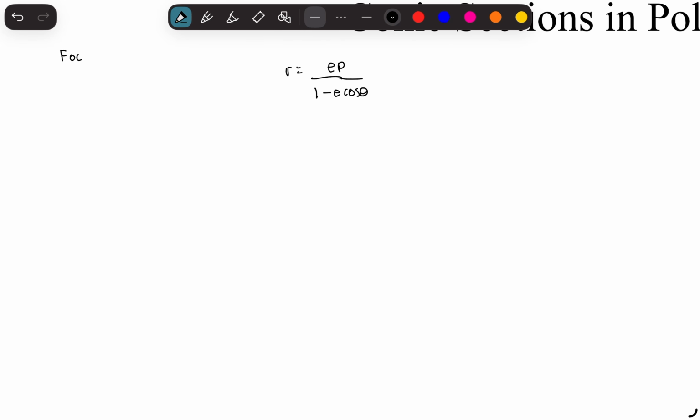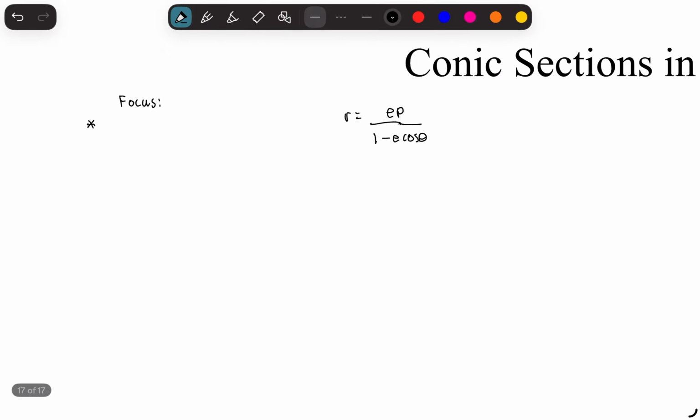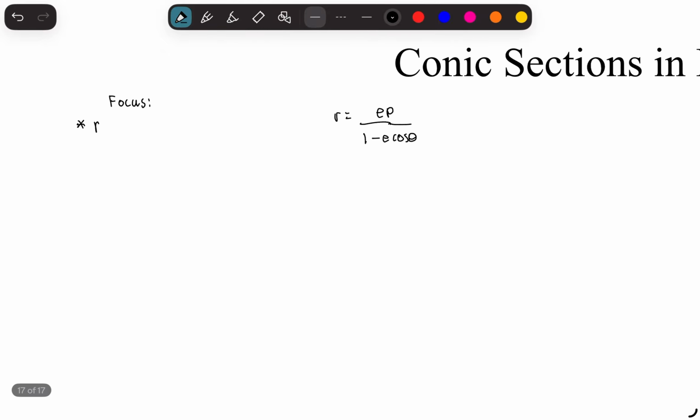So your focus, we've had foci in other conic sections like your hyperbola and your parabola, but here your special case is that for all of these conic sections in polar coordinates, your pole is going to equal your focus.